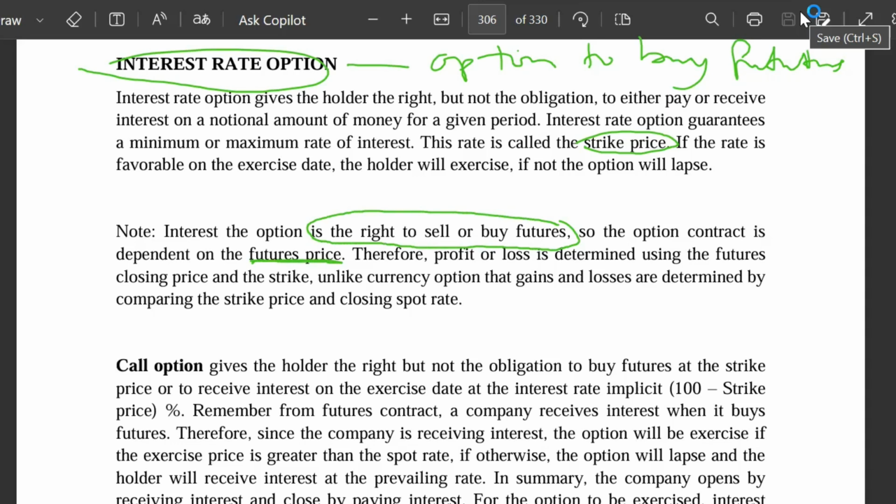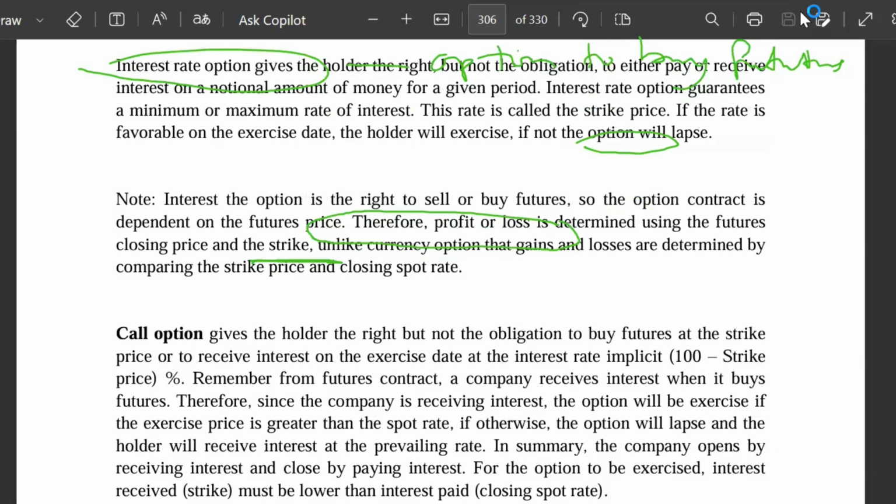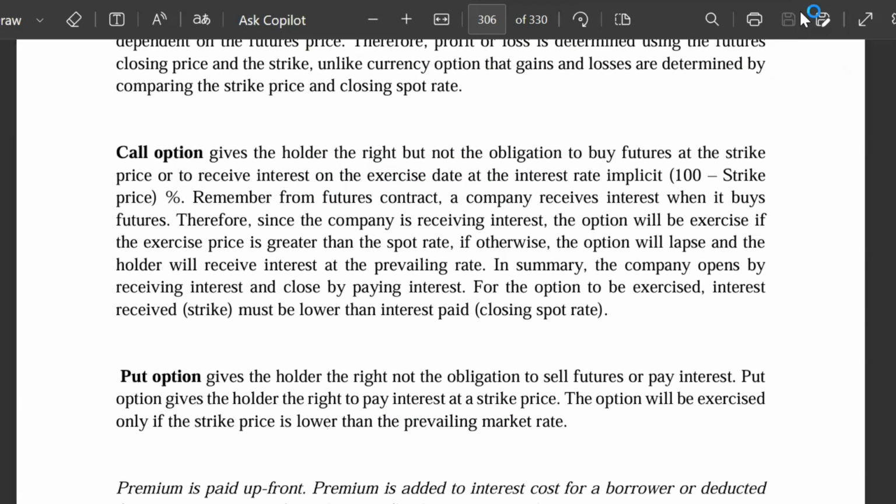There are two basic types of option as it relates to interest rates, just the way it is in the currency option: the call option and the put option.